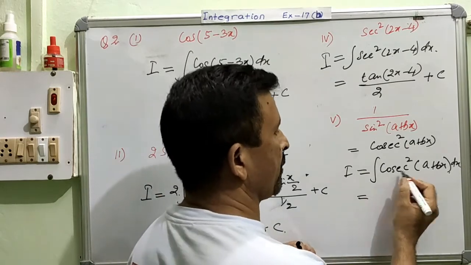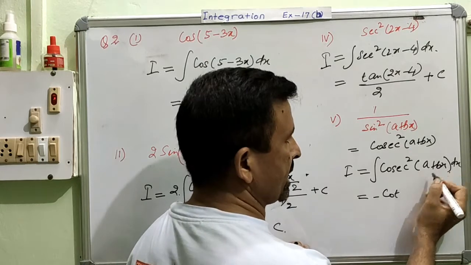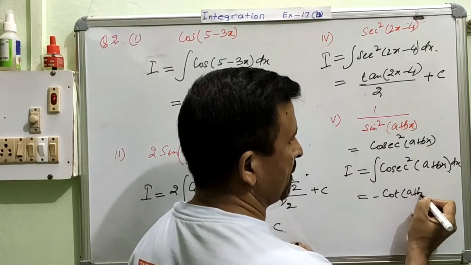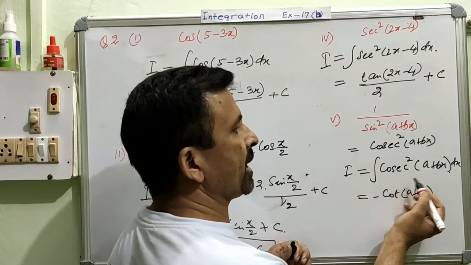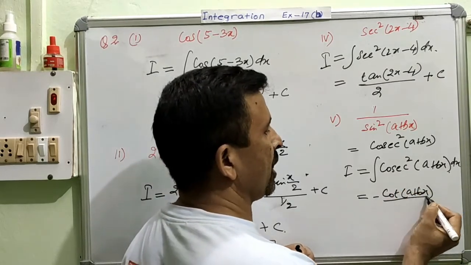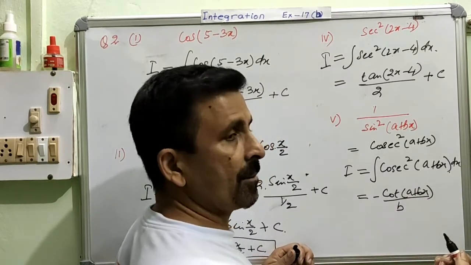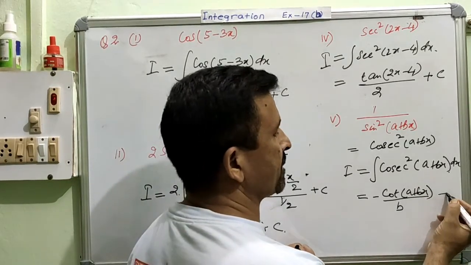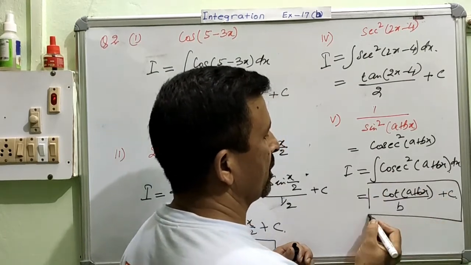Its answer for the trigonometric part will be minus cot of x, where x is a plus bx, right? Now this is the integration of your trigonometric part. Now for the angle part, only b remains, because a is constant and therefore its integration will also be 0, right? And this is plus c. So this becomes the answer of your question.